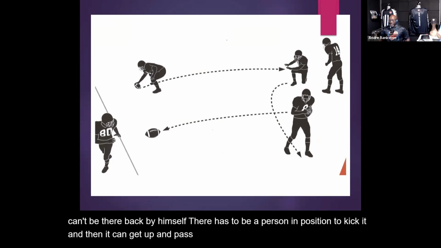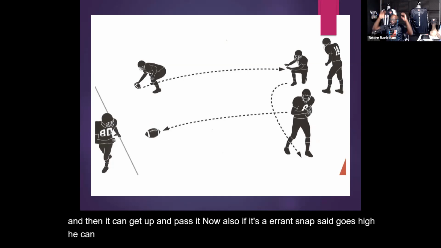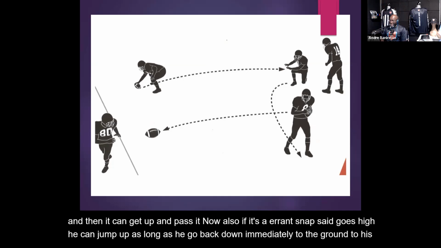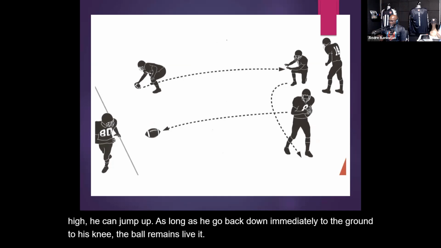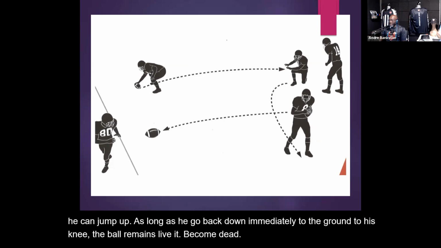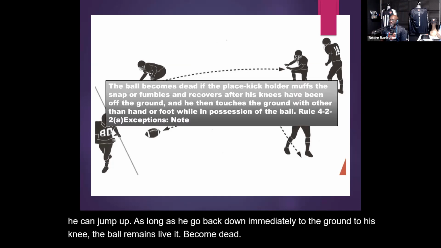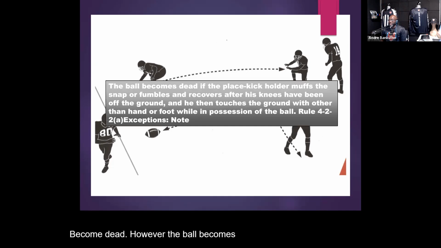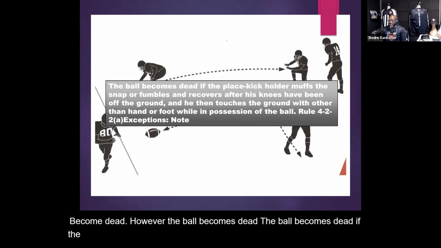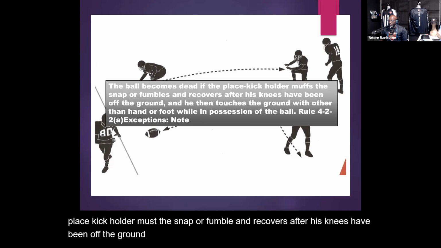Now, also, if it's an errant snap, say it goes high, he can jump up as long as he goes back down immediately to his knee. The ball remains live; it doesn't become dead. However, the ball becomes dead if the place kick holder muffs the snap or fumbles and recovers after his knees have been off the ground, and he then touches the ground with other than hand or foot while in possession of the ball.